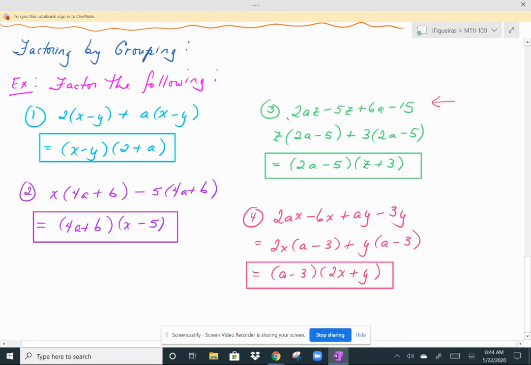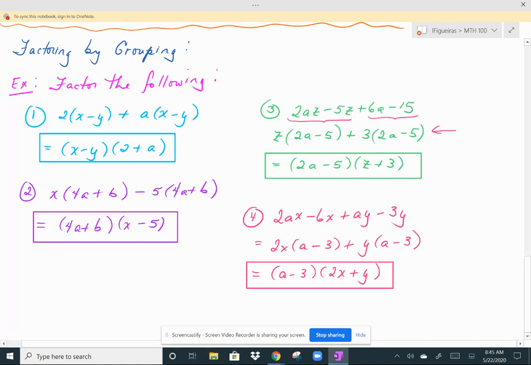So if I look at the first 2, they have a GCF of z, and the second 2 have a GCF of 3. So that's what you see in this first line. I factored out the GCF from each pair. So I'm left with z times 2a minus 5 plus 3 times 2a minus 5.